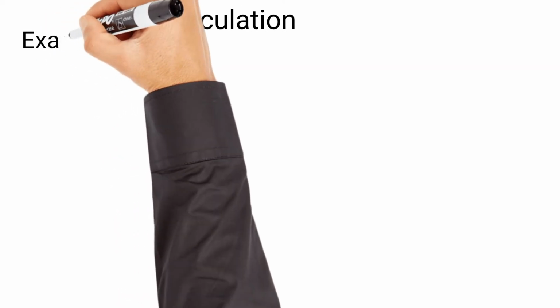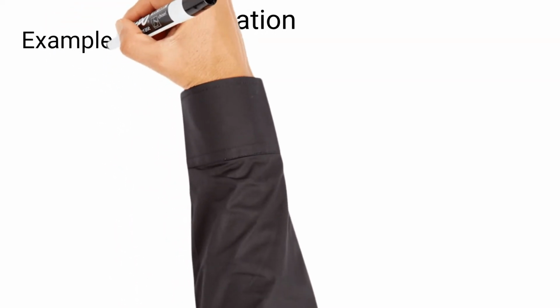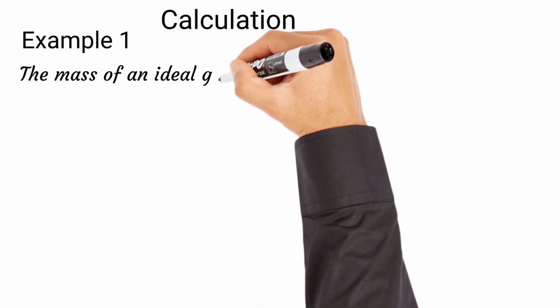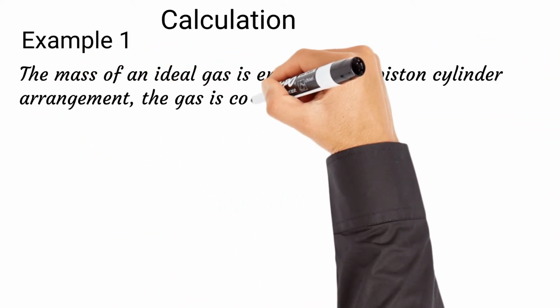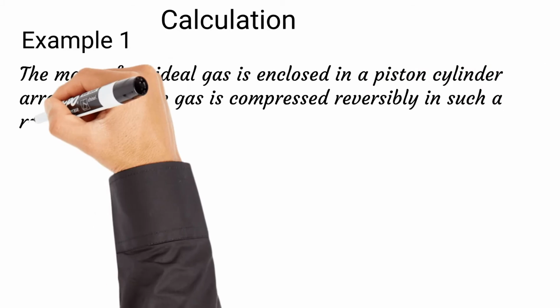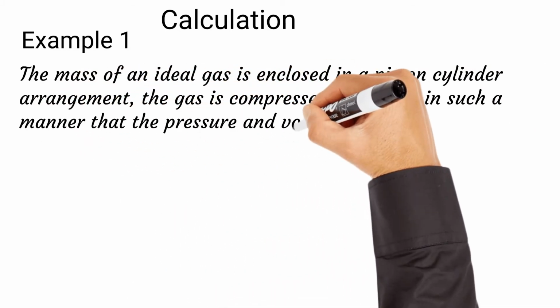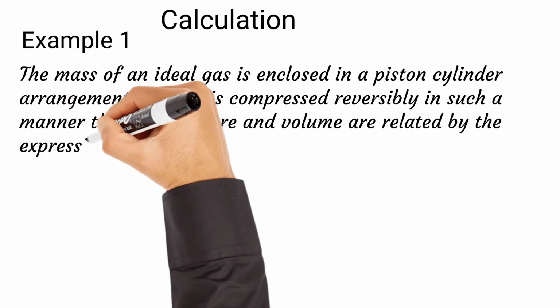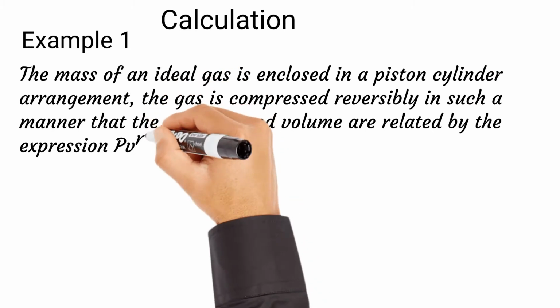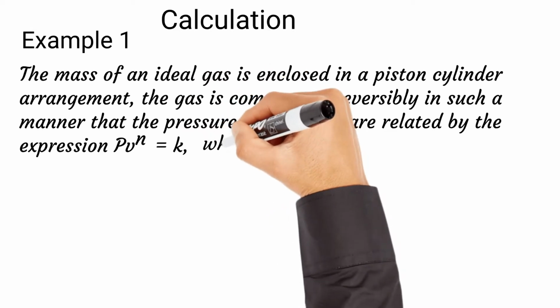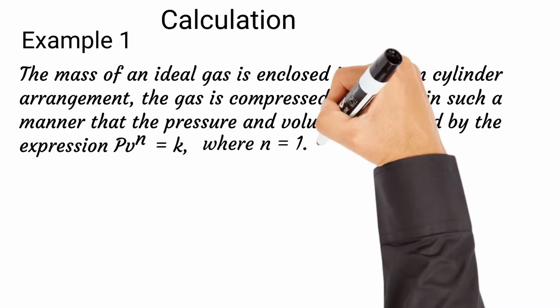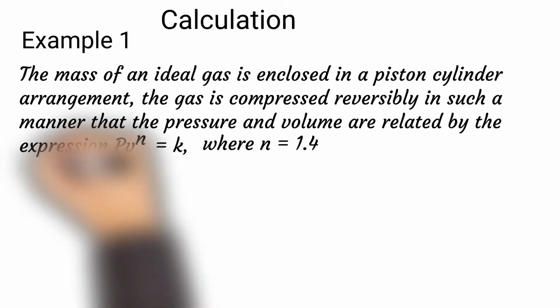Calculation. Example 1. In this video, we'll be looking at example 1. The mass of an ideal gas is enclosed in a piston cylinder arrangement. The gas is compressed reversibly in such a manner that the pressure and volume are related by the expression PV^n = constant = K, where n is equal to 1.4.